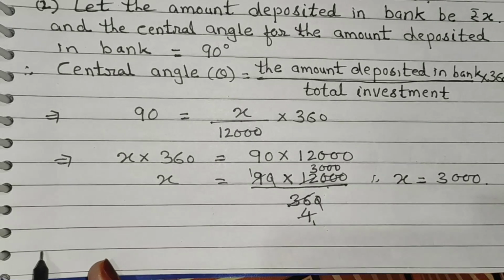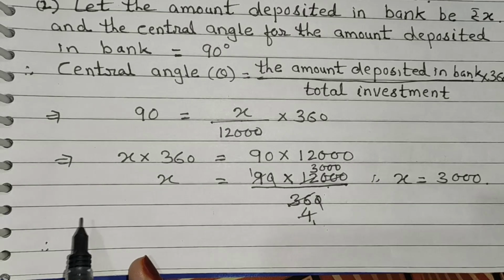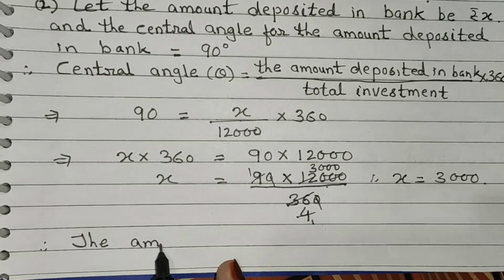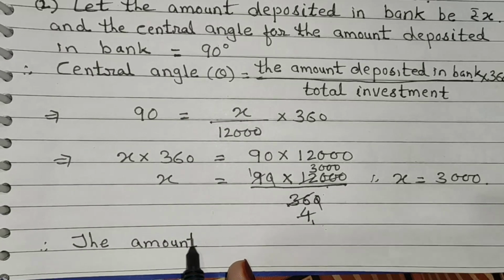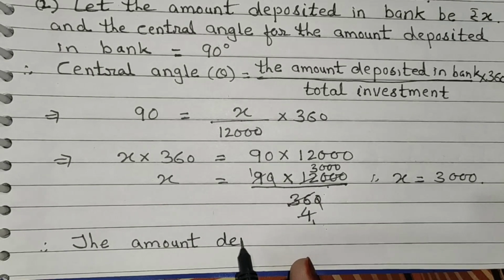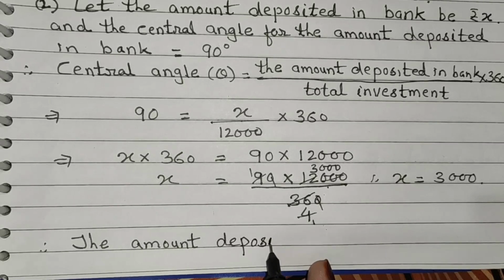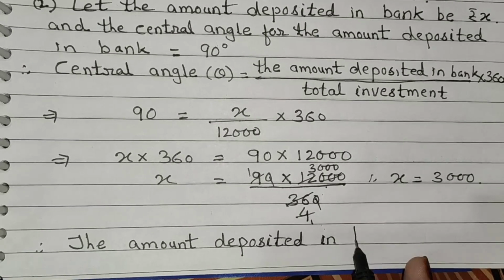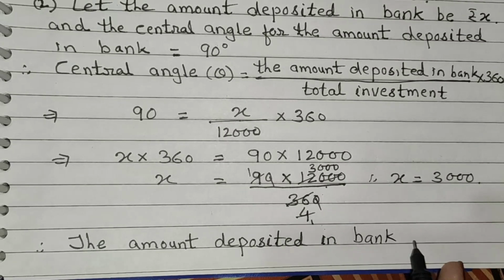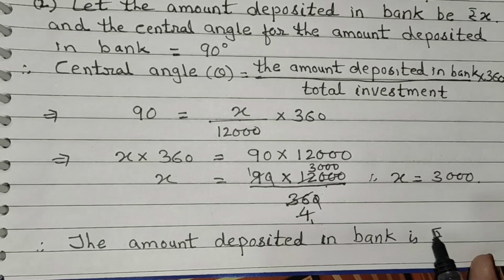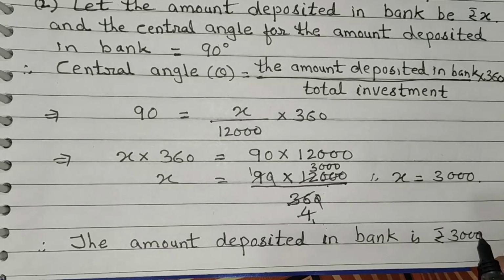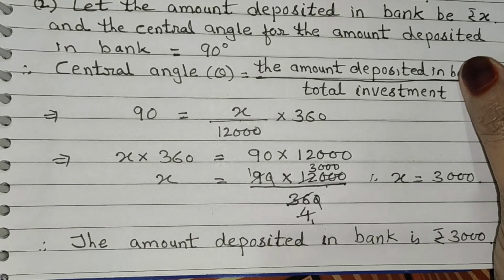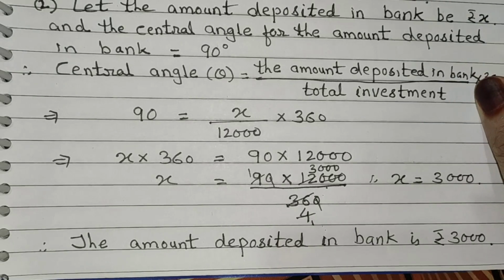Now write down here, therefore the amount deposited in bank is rupees 3000. It is the answer of the second question.